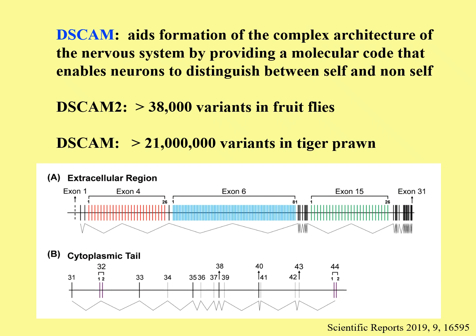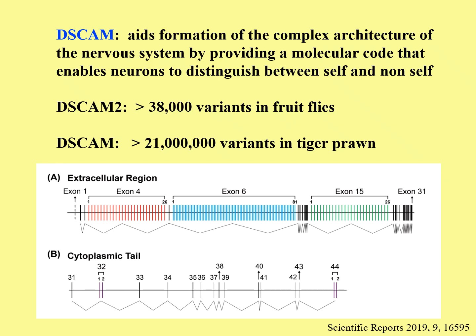To my knowledge, the world record is held by the gene DSCAM. DSCAM aids formation of the complex architecture of the nervous system by providing a molecular code that enables neurons to distinguish between self and non-self.